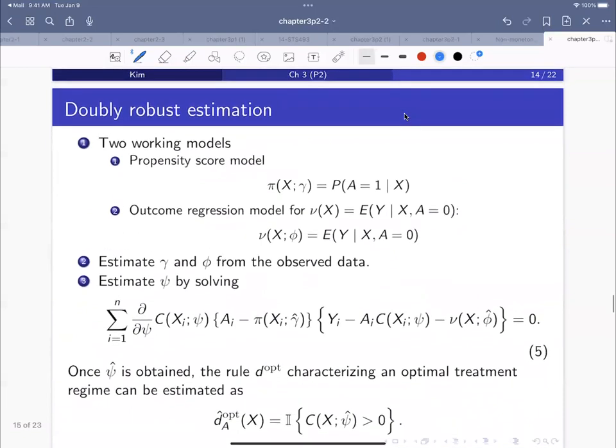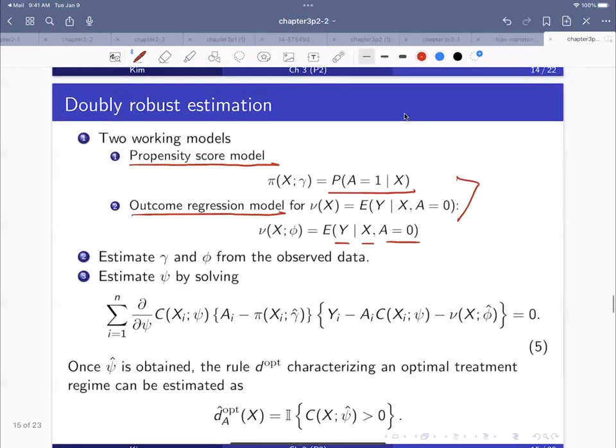Basically we can have two models. One is the propensity score model, which is the model for A given X. The other is the outcome regression model, Y given X and A equal to 0. If one of the two models is correct, then we are good. Because this is a parametric model, we can estimate it easily from the data, plug in, and solve this for psi.